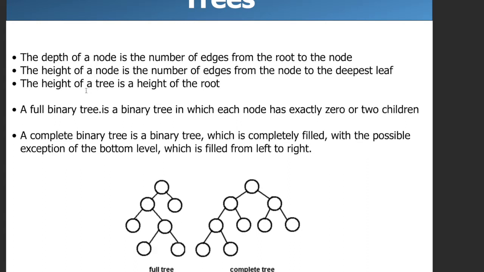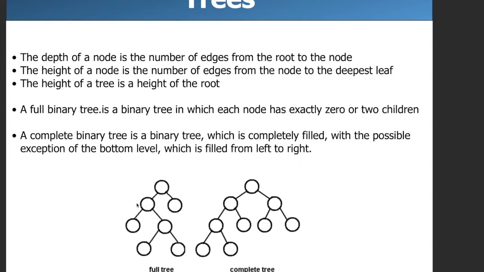And the height of a tree is the height of the root. So an empty tree has a height of -1. If the tree has one node, it means its height is 0.